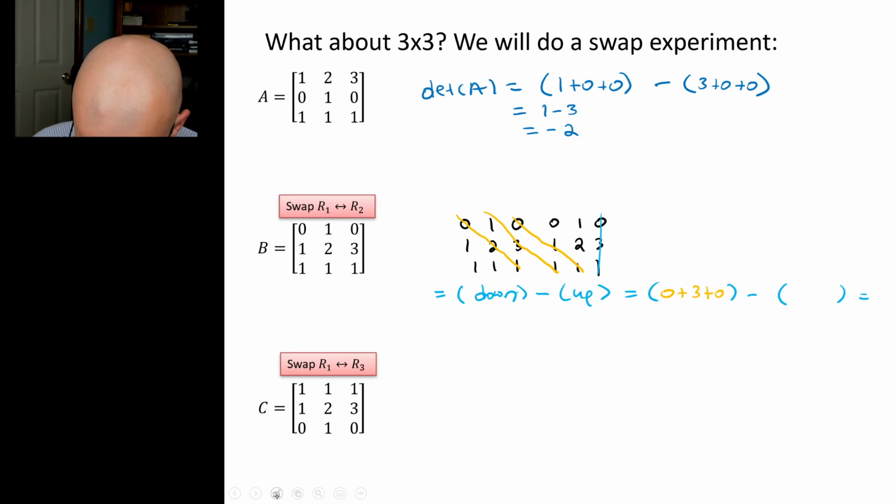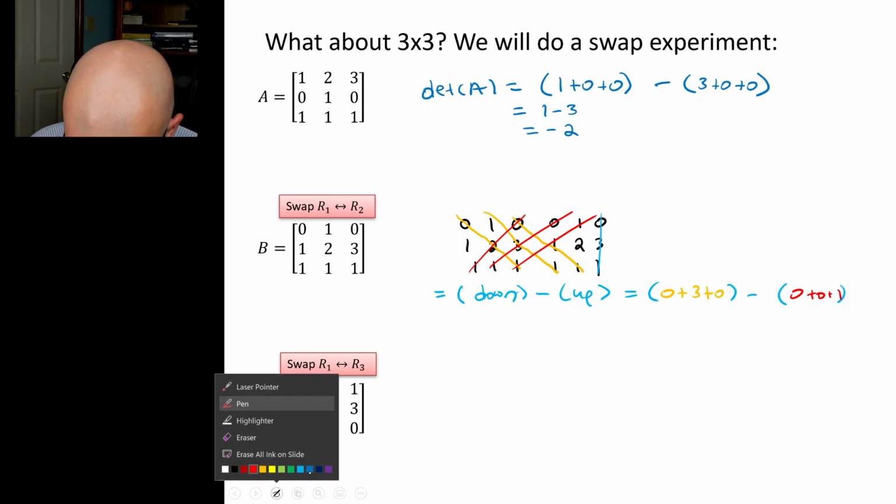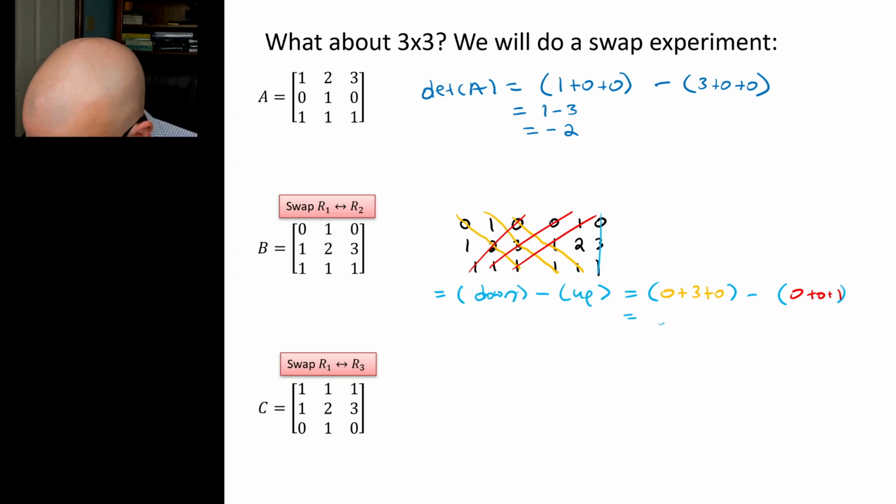And now my up products, 1 times 2 times 0, 1 times 3 times 0, and 1 times 1 times 1. So 3 minus 1, we get 2, which is the negative of the determinant of A.